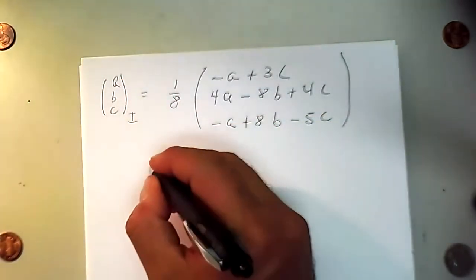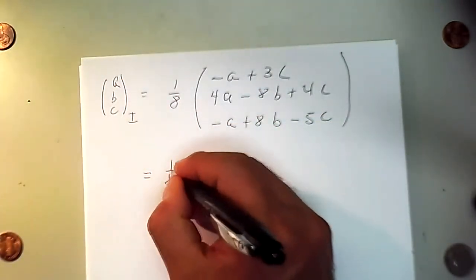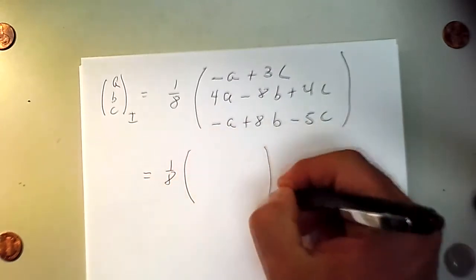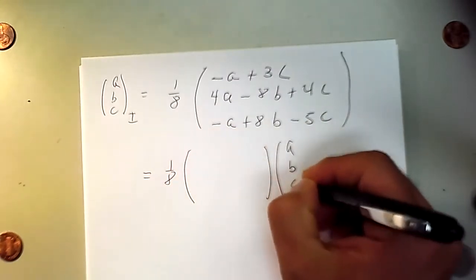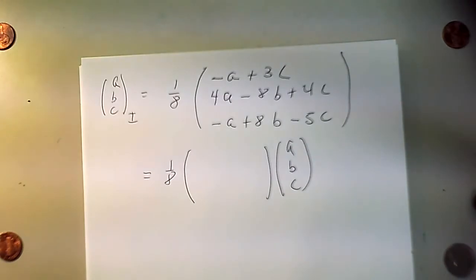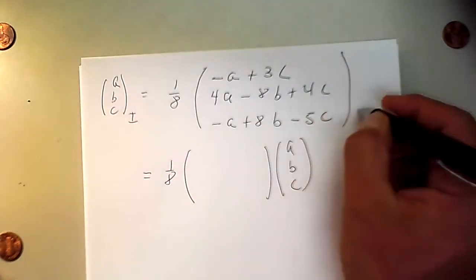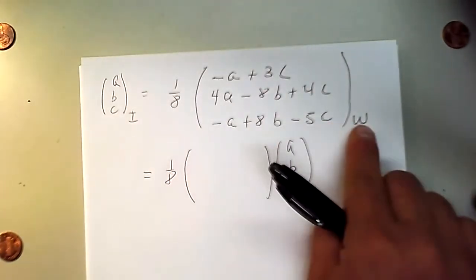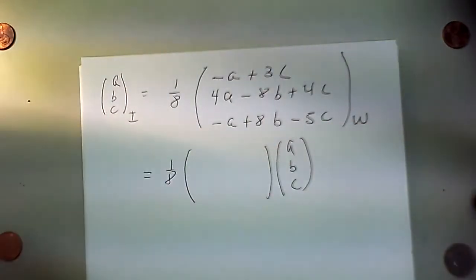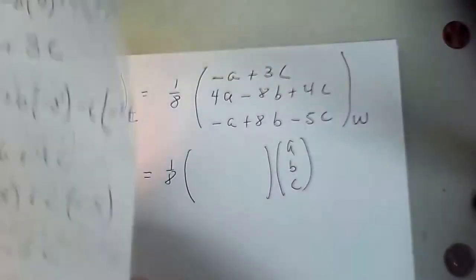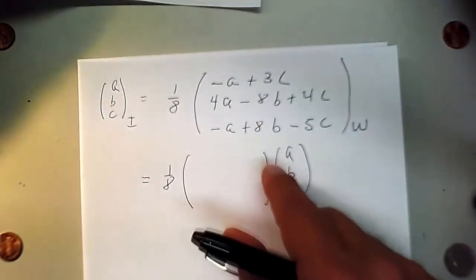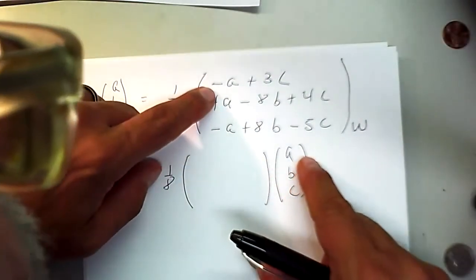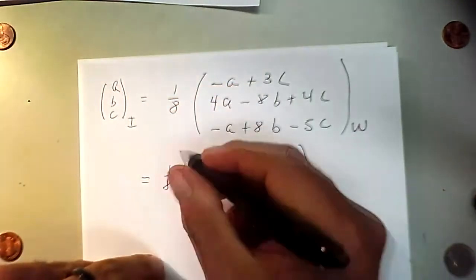Which, by the way, can be rewritten as 1 over 8, a 3 by 3 matrix times A, B, C. Oh, and those are coordinates in the weird basis. So that is negative 1, 0, 3.